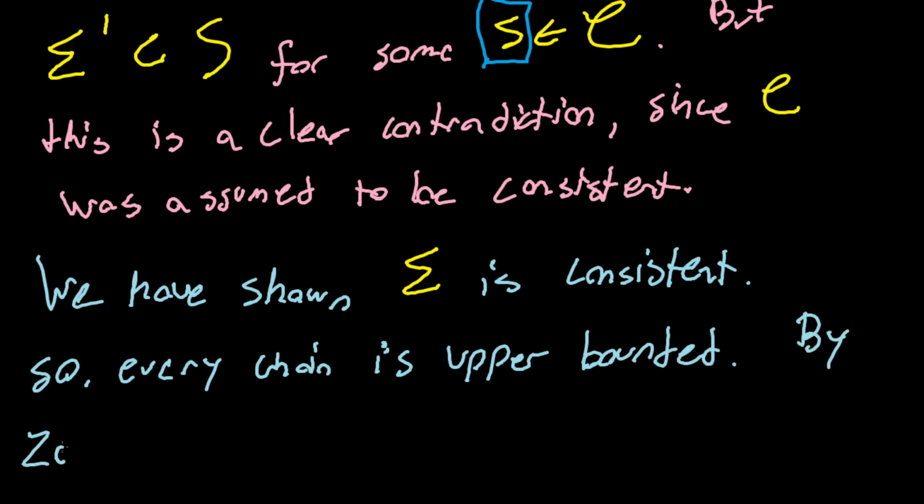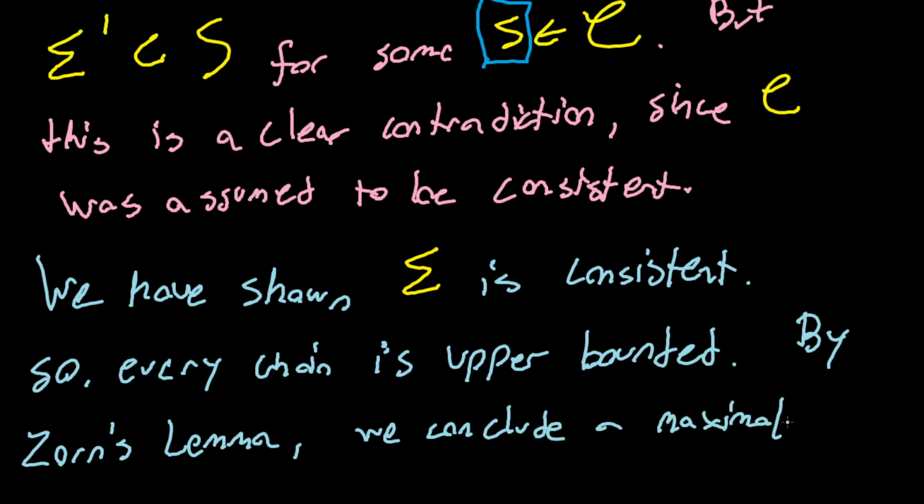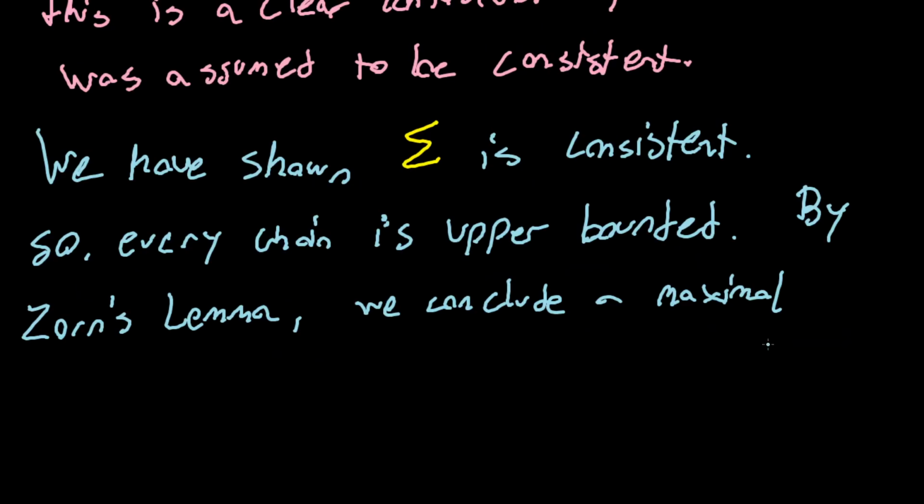By Zorn's lemma, we conclude a maximal element gamma exists. And that's actually the end of the proof.